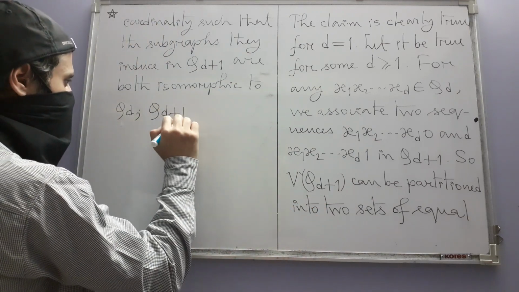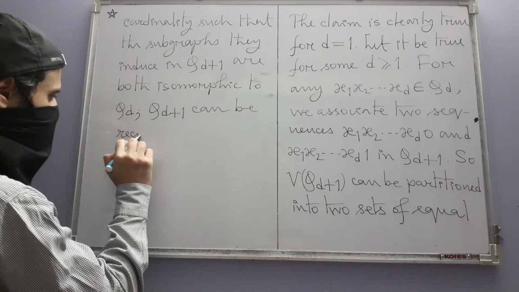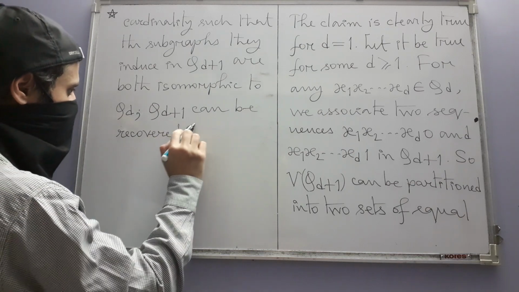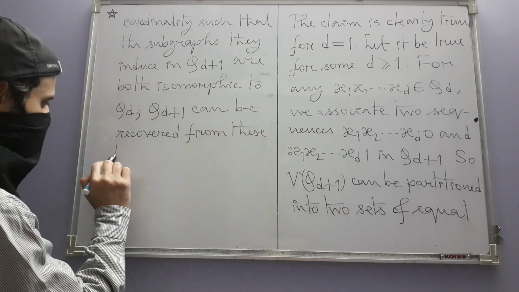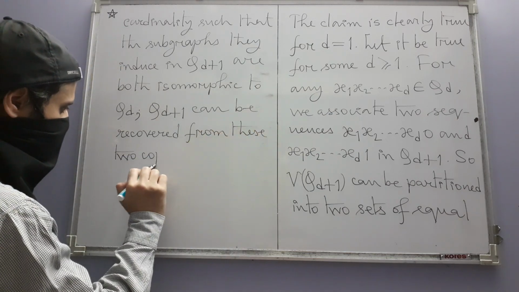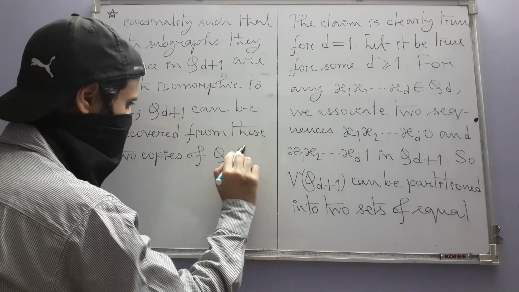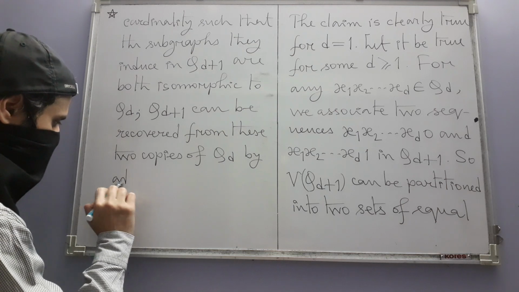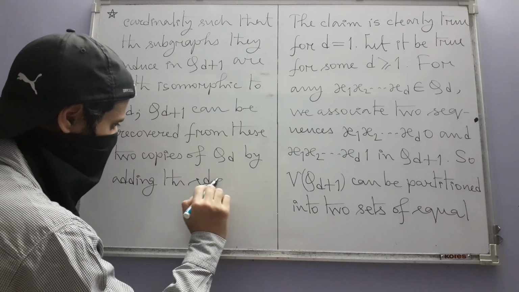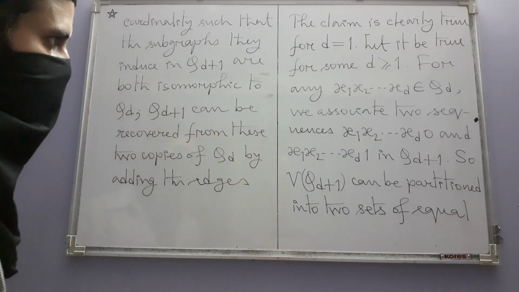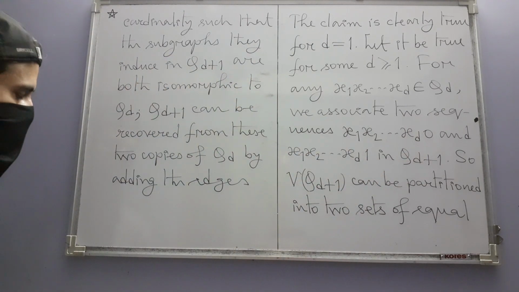And Qd plus 1 can be recovered from these two copies of Qd by adding these edges. Edges means the edge between this one and this one. How do I write that?